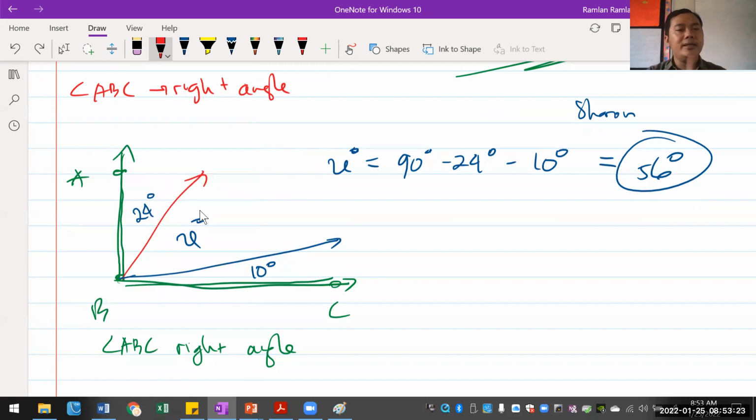If we add these angles, because they are inside this 90 degrees, if we add all of them, that will be 90 degrees. So I can write this down as 24 degrees plus x degrees plus 10 degrees equals 90 degrees. Those of you who learn a different method to solve algebra normally do it like this. I'm going to move this here, and it will become subtraction.